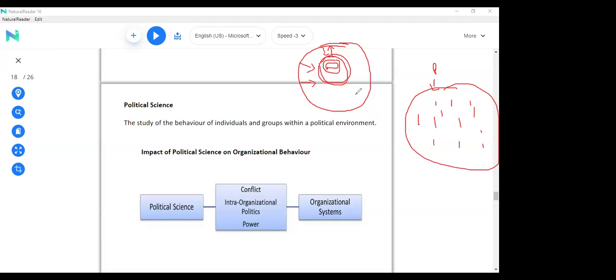Then they change their rules and regulations again. Imagine the foreign currency rules and regulations, import-export tax, or the tax methods or tax evaluation concepts. And then again there is some problem for your organization.